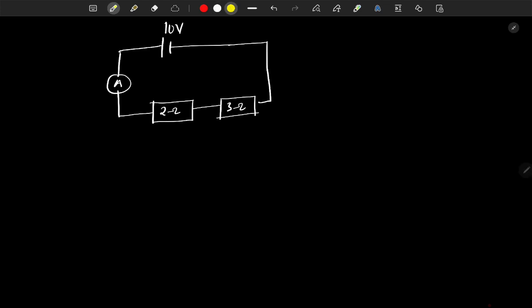Take note that these 2 resistors, the way they are like this, they are in series. What do we need to know about series connection? Resistors that are in series, one, the same current flows through them.